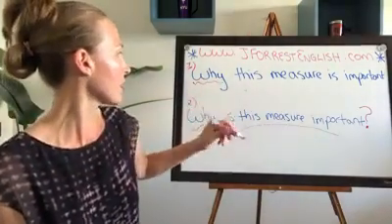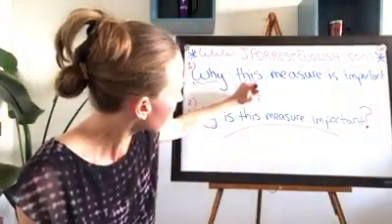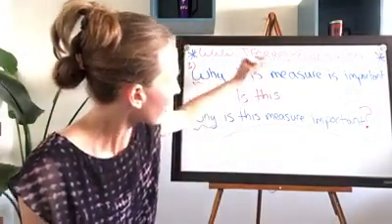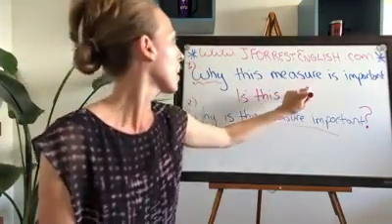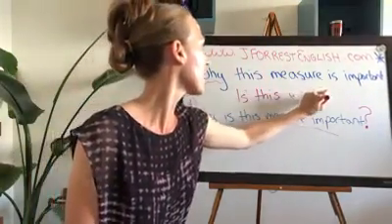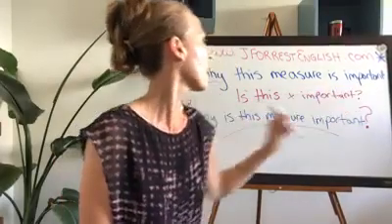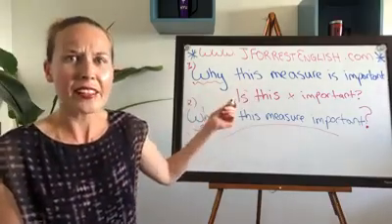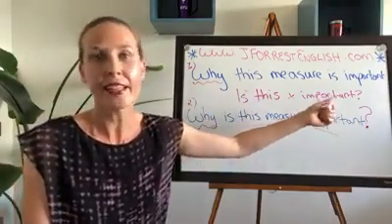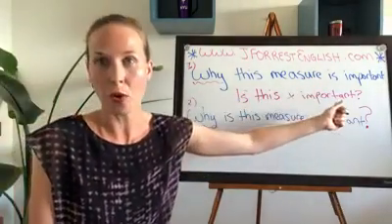We'll just get rid of the WH, the Y. Is this measure important? Is this measure important? Okay, in this case, I think it's pretty clear for you to see that it's a question, right? Is this measure important?